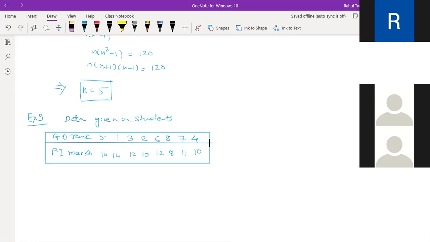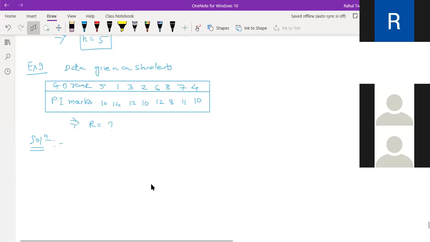So just understand this is the data given to me, and from these data one can compute R, because you can understand both variables clearly. GD rank means first is given rank, and PI marks are given as marks. So first you have to convert these marks into rank.